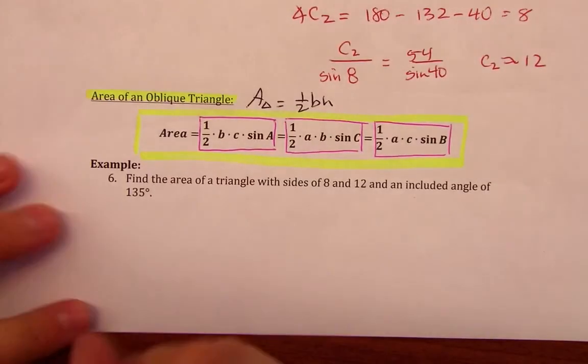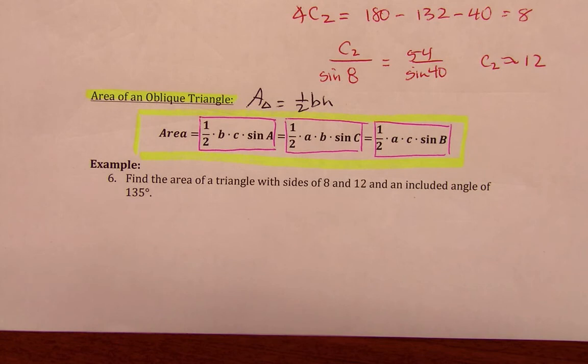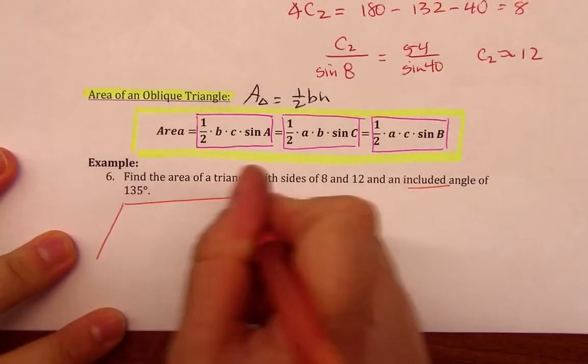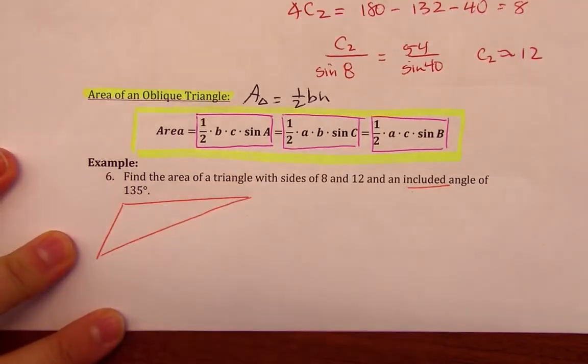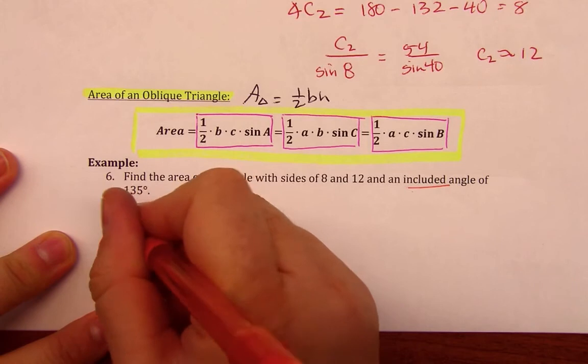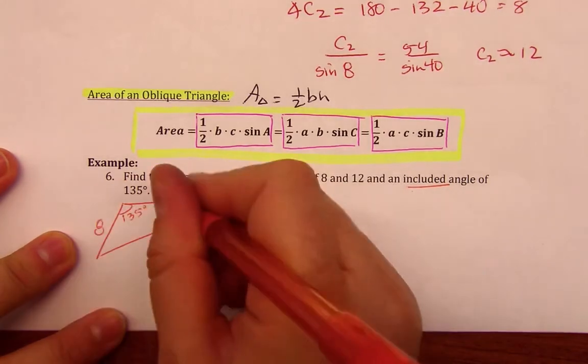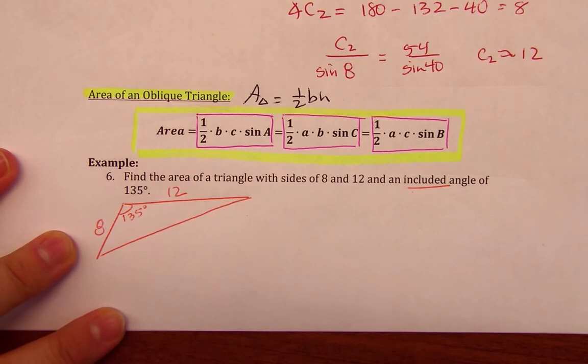So it says find the area of a triangle with sides of 8 and 12 and an included angle of 135. So it says an included angle of 135, and what that means is that it's between 8 and 12. Okay.